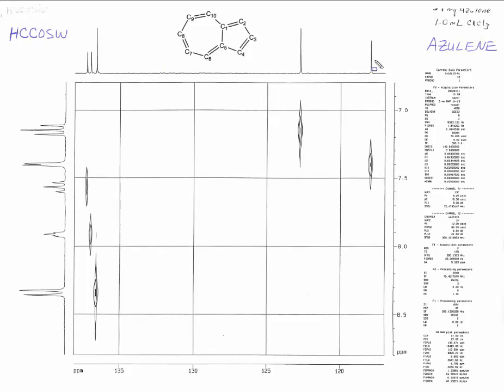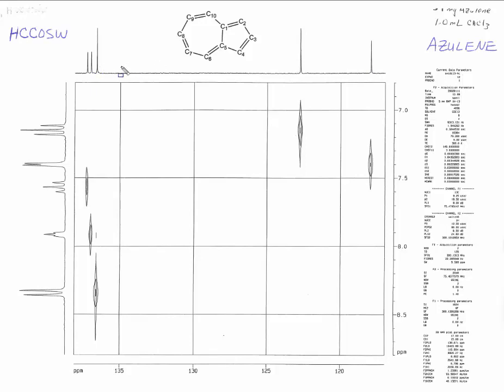This is a type of hydrogen-carbon correlation spectrum. The way in which we can now assign the carbons is what appears in the HCCOSW spectrum is along the vertical axis, you see the same proton spectrum that we already assigned. And then along the horizontal axis at the top, you see the carbons, 5 carbons from the carbon-13 spectrum.